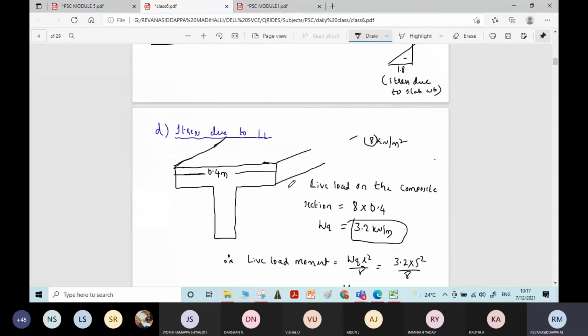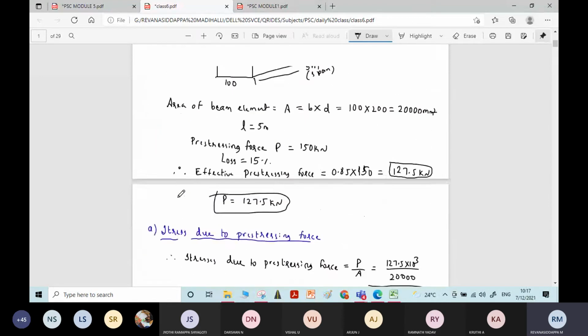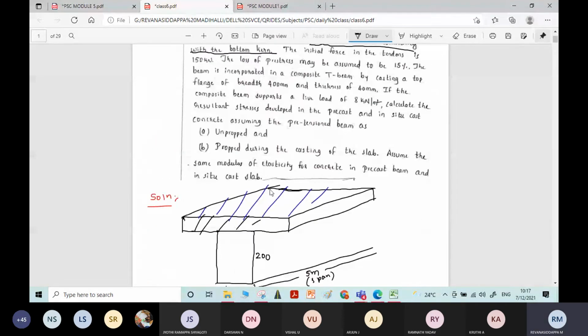But when it comes to the live load on the slab, this live load acts on this whole full T section.